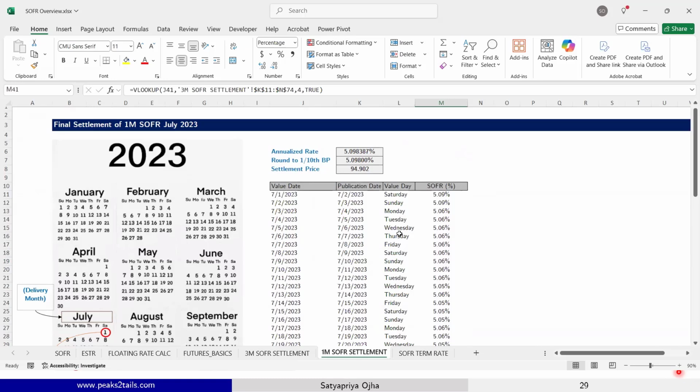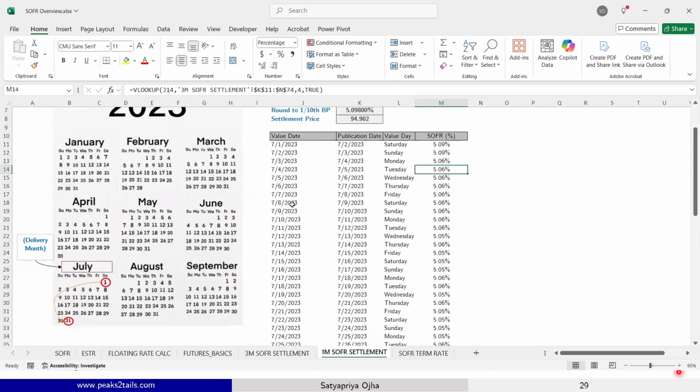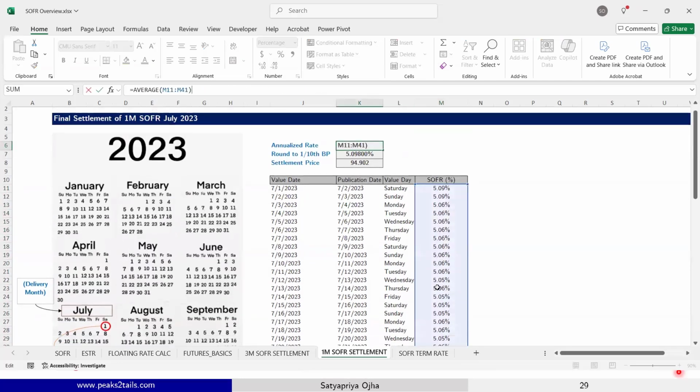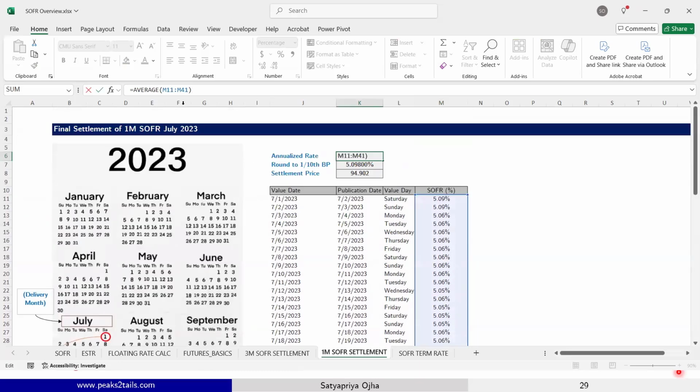So you carry forward the previous rate. For example, July 4th is an American holiday, so the previous rate, 5.06%, just carries over. So identify the rates for all the days. If it's a holiday, carry it over from the previous known value and take the grand arithmetic mean. It's just the average of all the 31 days' rates.